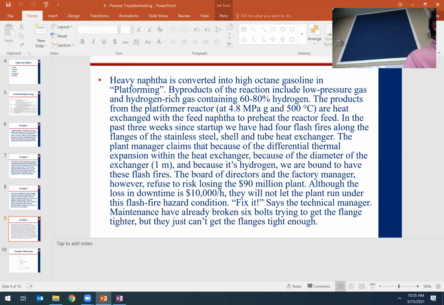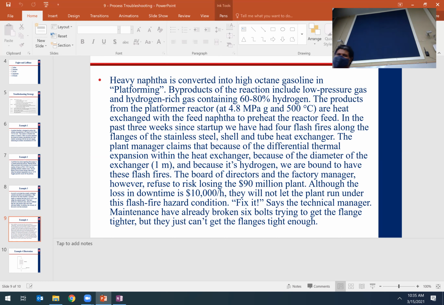This one's a tough one. All right. So simply put, heavy naphtha process uses hydrogen in production.